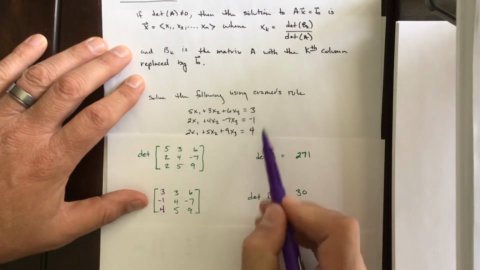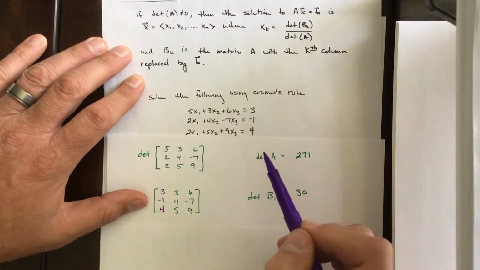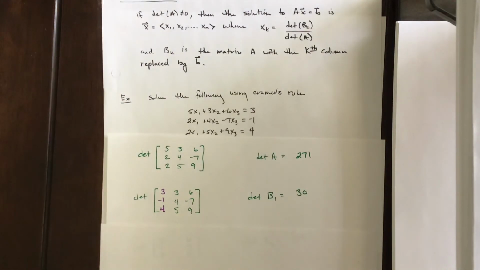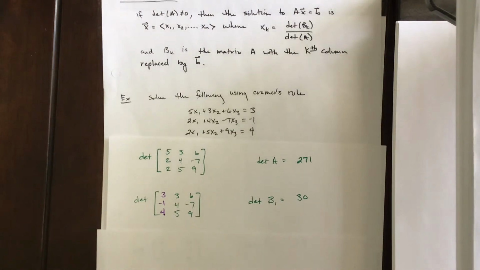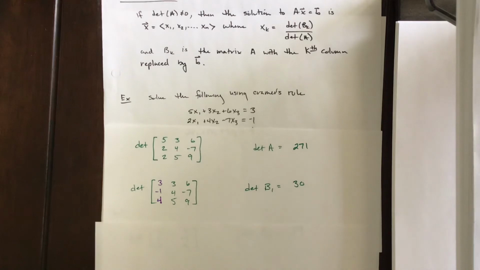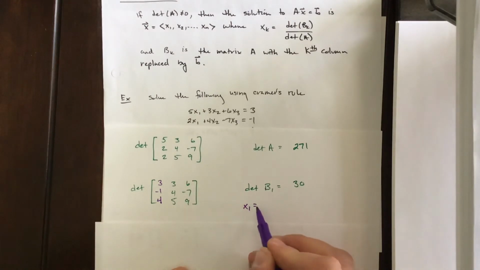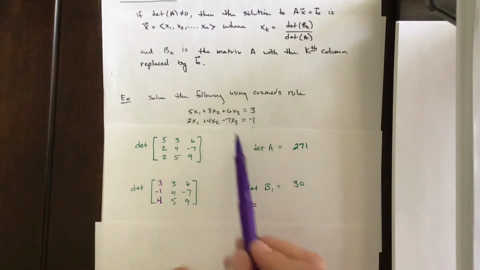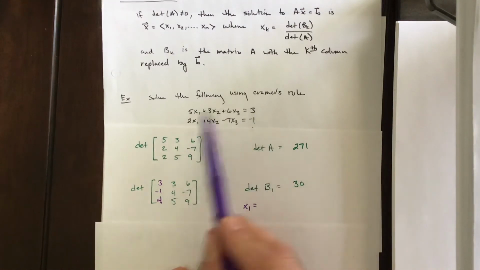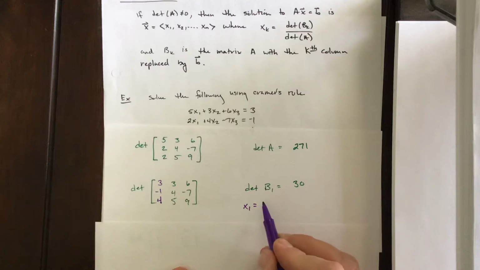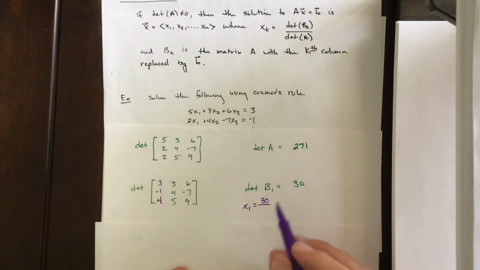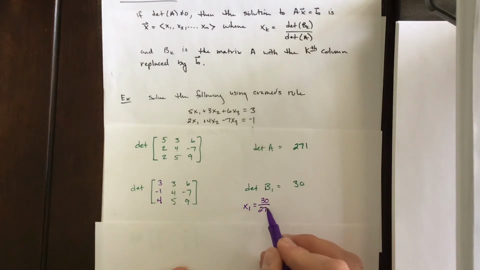That's the b part of Ax equals b. And when you do that, you compute the determinant of B1 to be 30. So therefore, you can conclude that x1, the value of x1 that helps solve this system of equations, is the determinant of B1, 30, divided by A, 271.